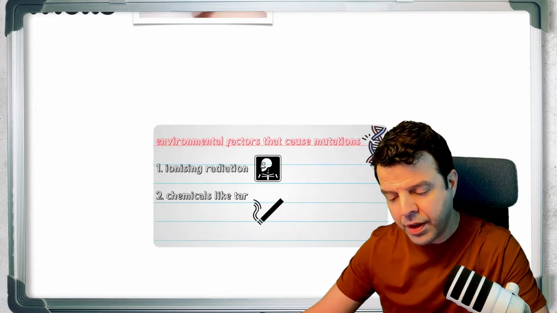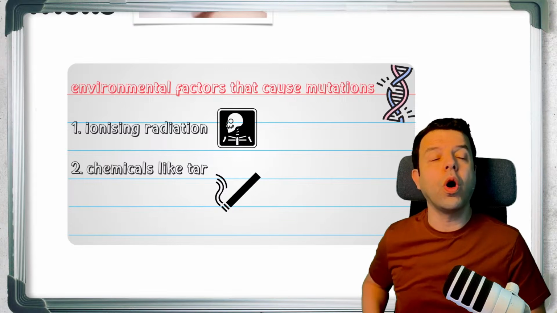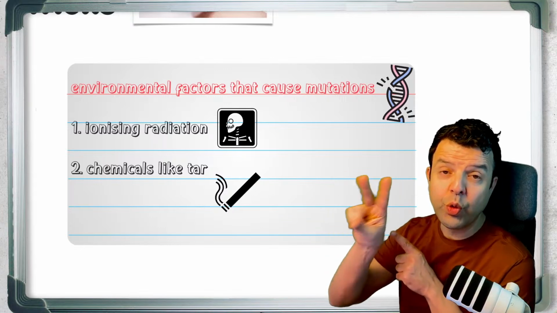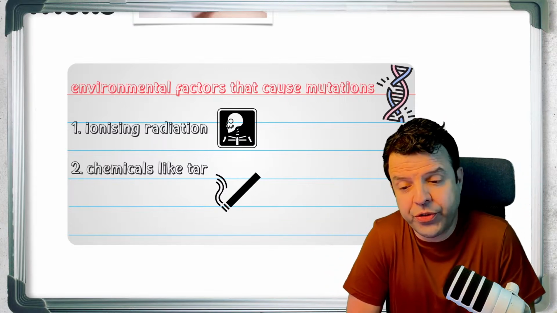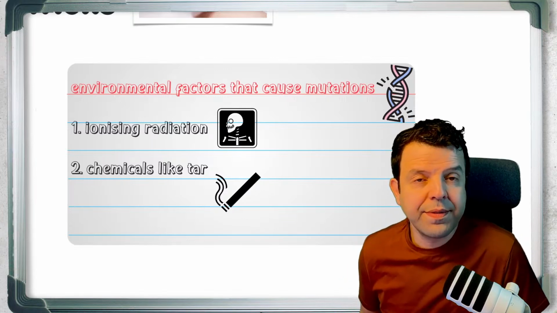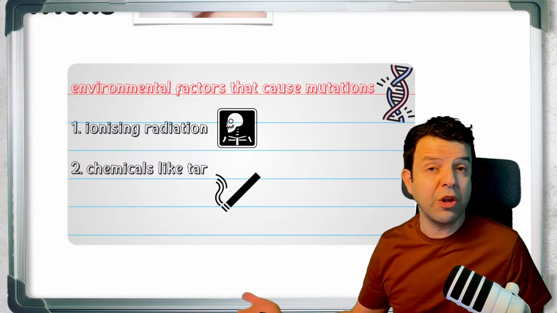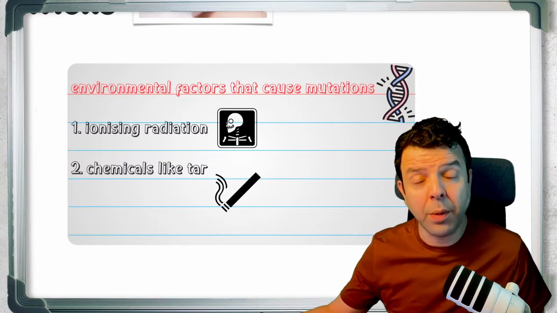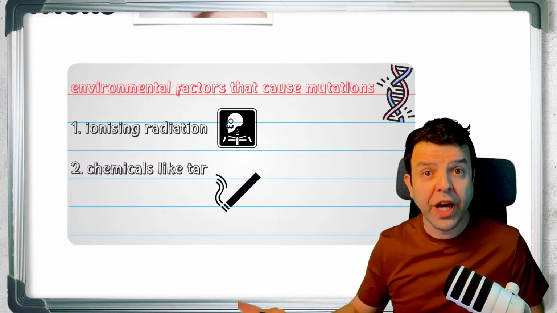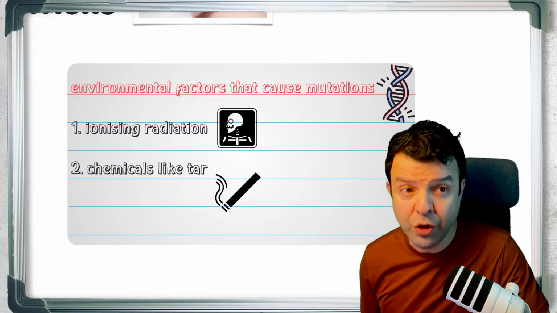So again, we need to be aware of 2 causes of mutations. 1 is radiation, 2 is chemicals such as tar. As I said, most of the time these errors or damage happen and aren't even noticed. Some cases are harmful, and very rarely those mutations are actually useful.